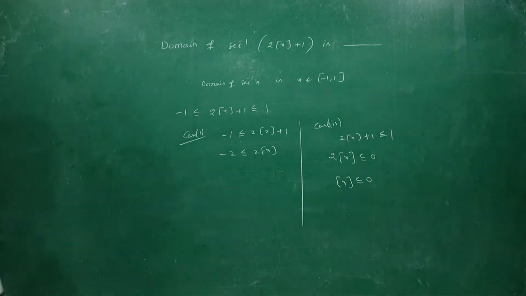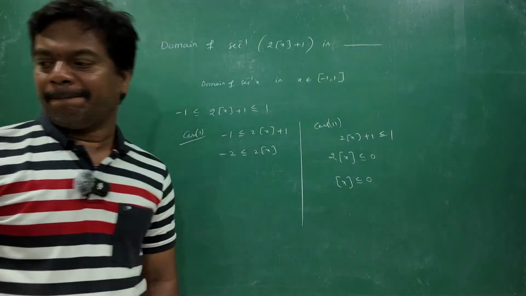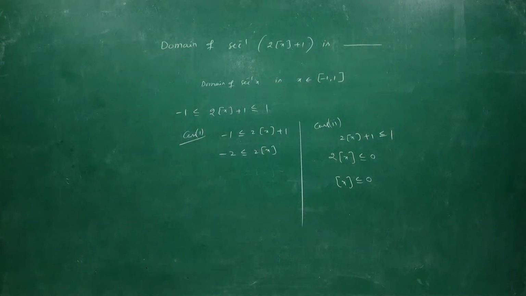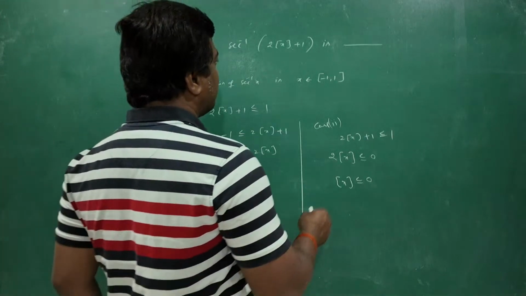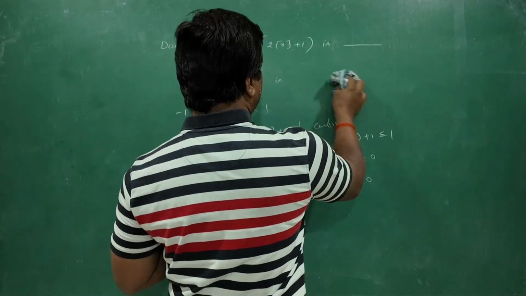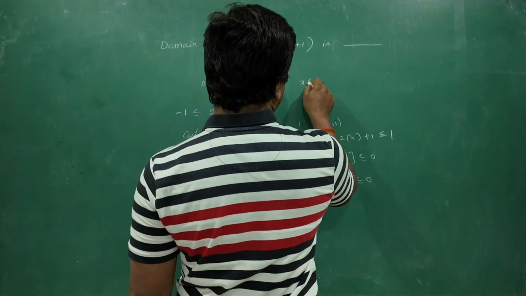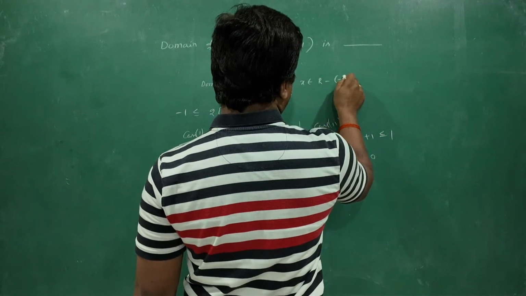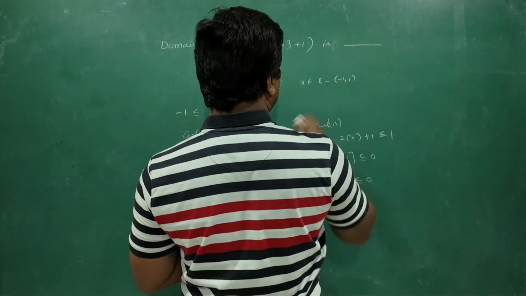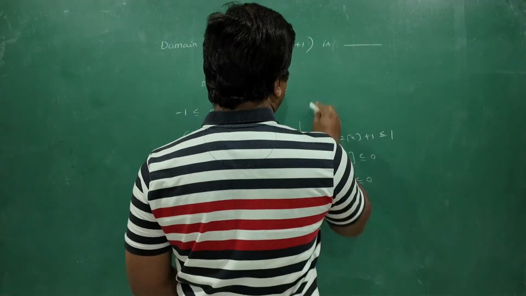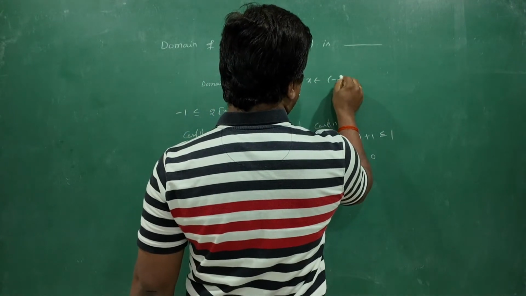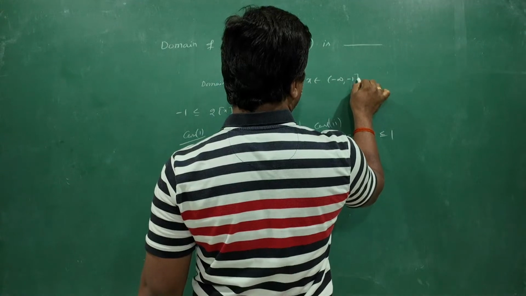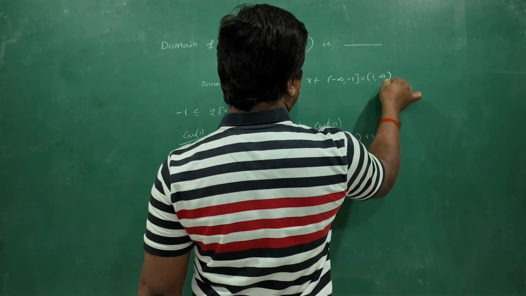Yes, that is R minus. This is actually x belongs to R minus minus 1 to 1. Nothing but x belongs to minus infinite to minus 1 union 1 to infinite, right?